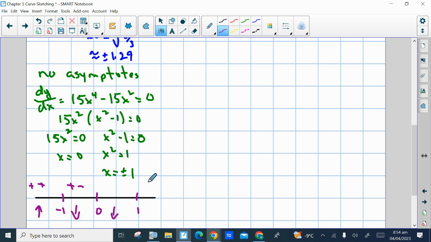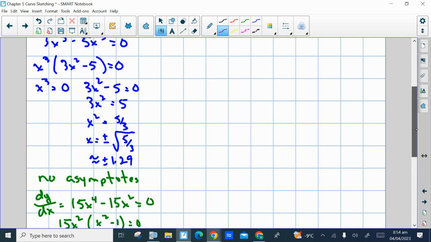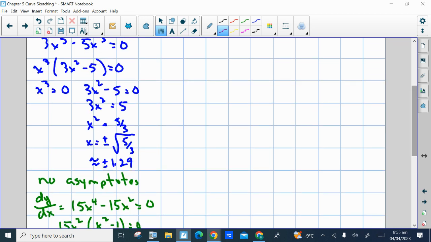A number greater than 1, they'll both be positive, so the function is increasing there. So the fact that the function is decreasing on either side of 0 tells us that it's not a max or min point. It's actually going to be a point of inflection, which we'll confirm when we use our second derivative.